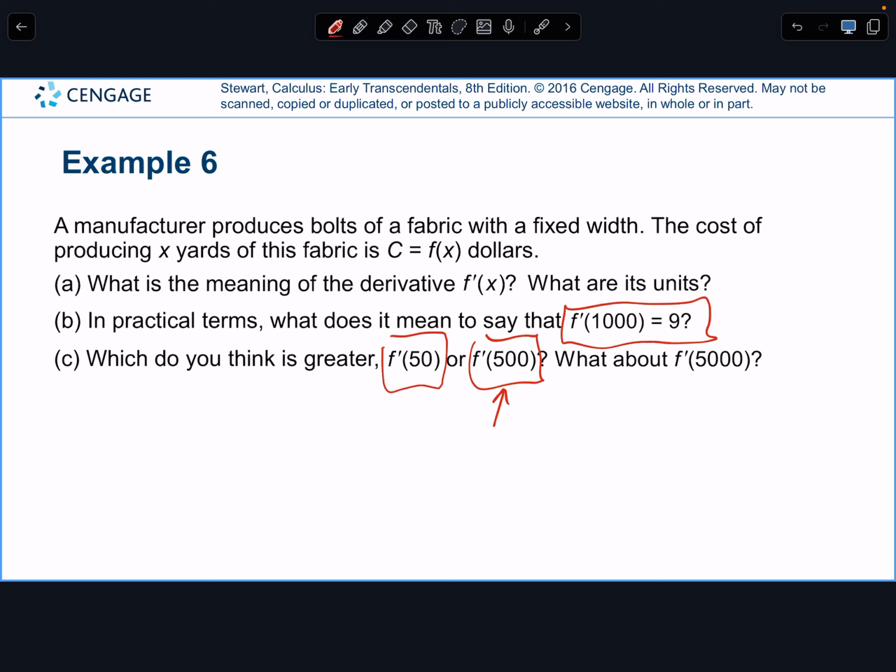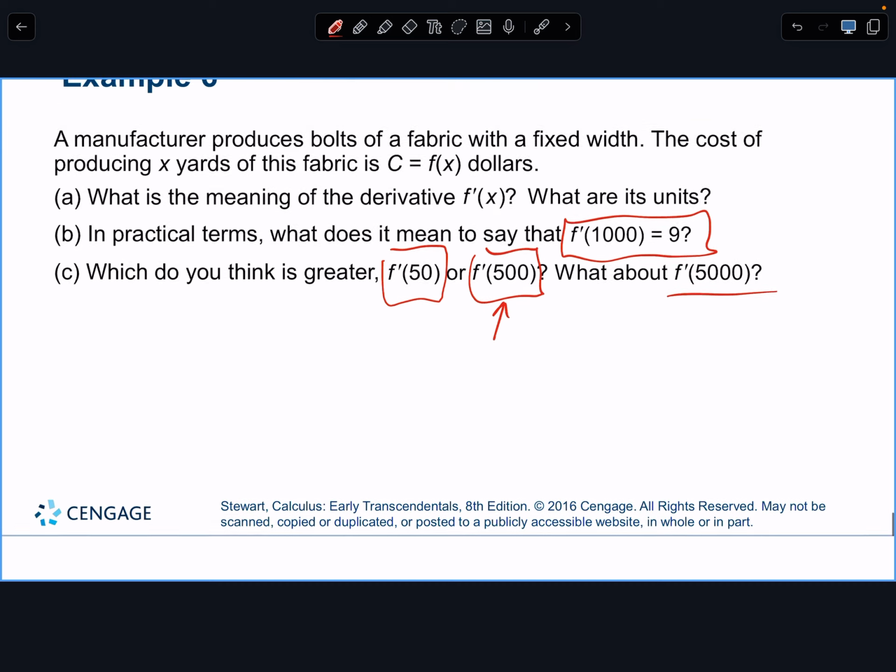Costs for renting the space, turning on the machines, all those things that are not going to be different no matter how many yards you produce. So it's not just about the fabric itself. Now, when you get to 5,000, I don't know, maybe you're having to pay people overtime at that point, and your costs may not be as good. It may not necessarily be cheaper. Okay, so that's all I'm saying here.